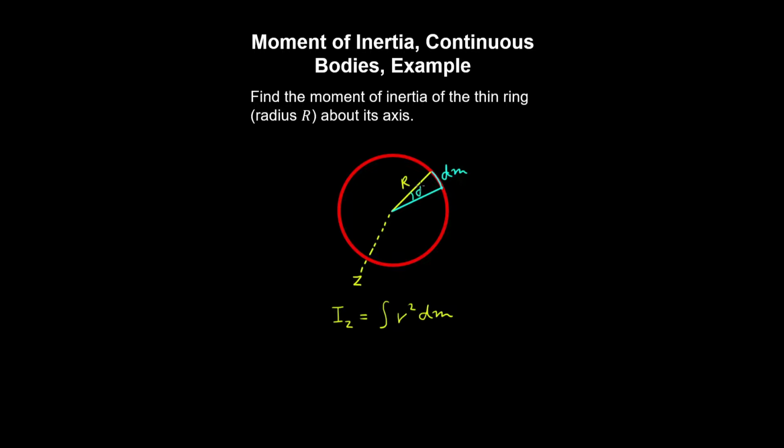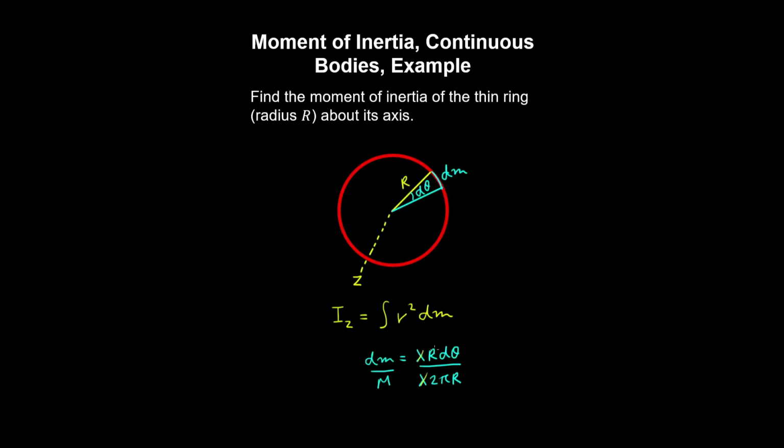So this angle is d theta. So we can write a differential mass as the linear density by r d theta, and divide this by the total mass, which is a linear density by 2 pi r.